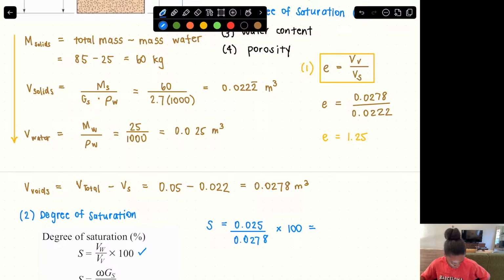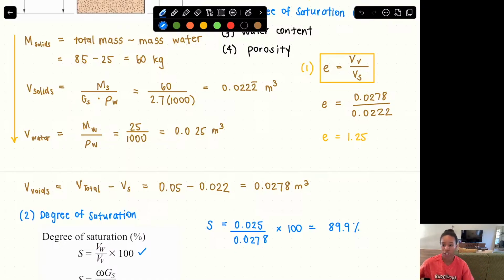Yes, John, you definitely want to use the first one. Times 100. So for degree of saturation, I'm getting 89.9%.